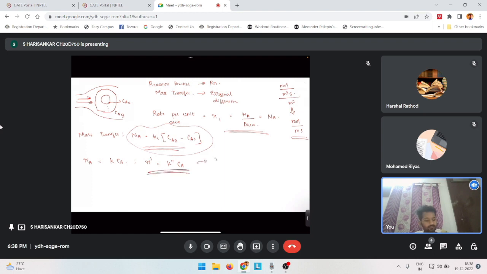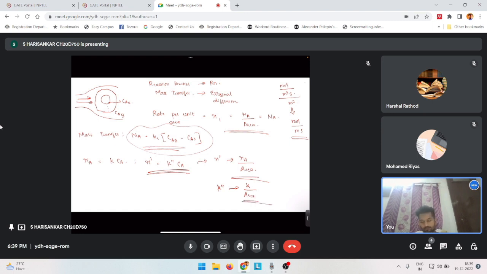So as I said, this R1 is basically RA by area, so rate of reaction per unit area. And this will be K dash into CA. And this K dash is the modified rate constant, K by area, let's say. Okay.